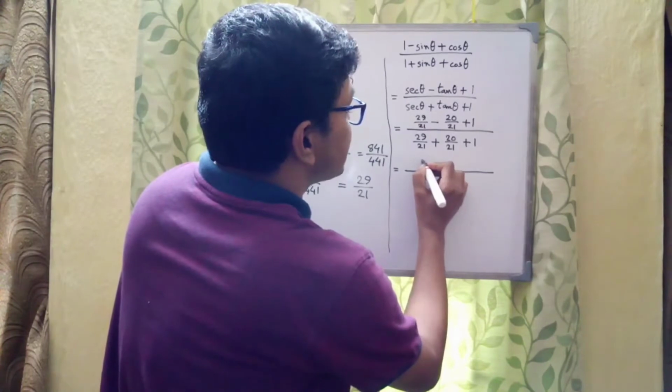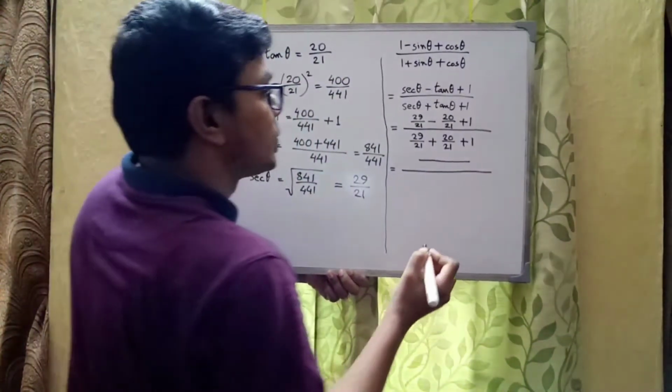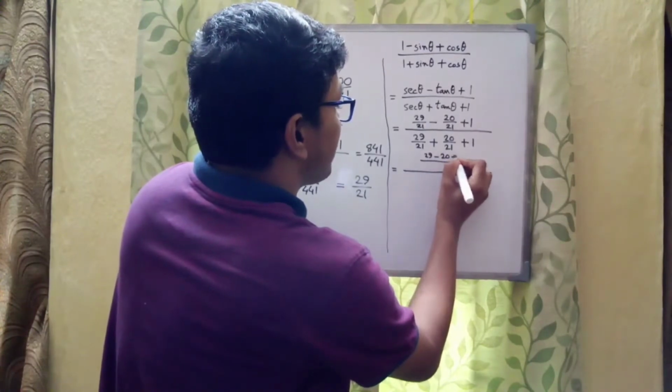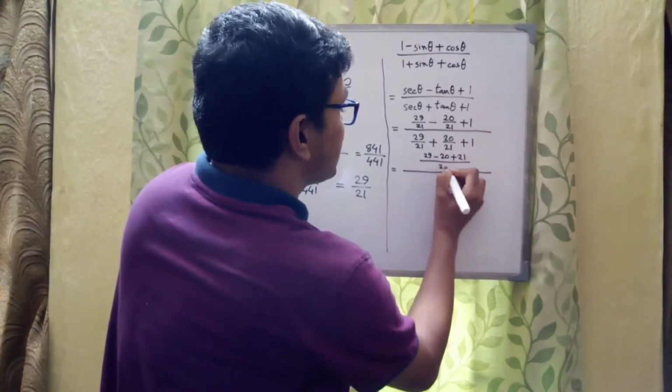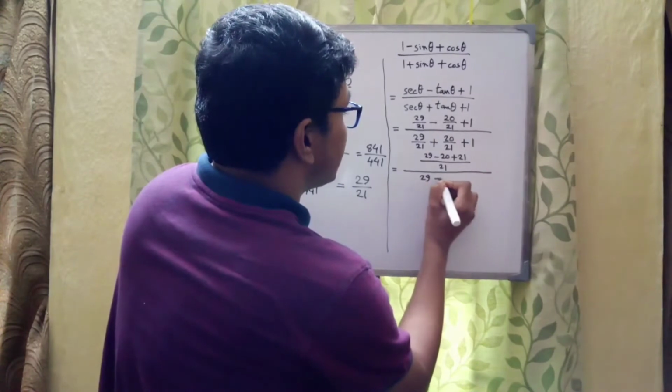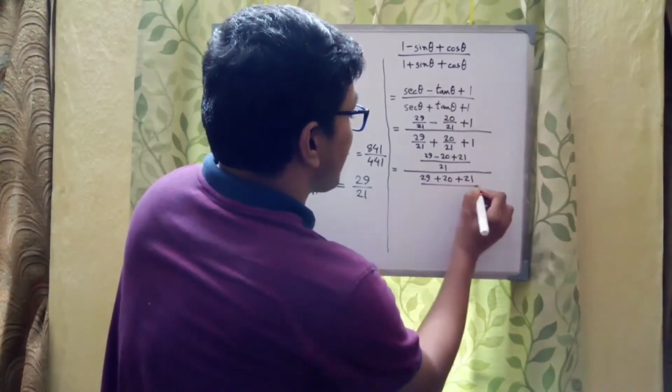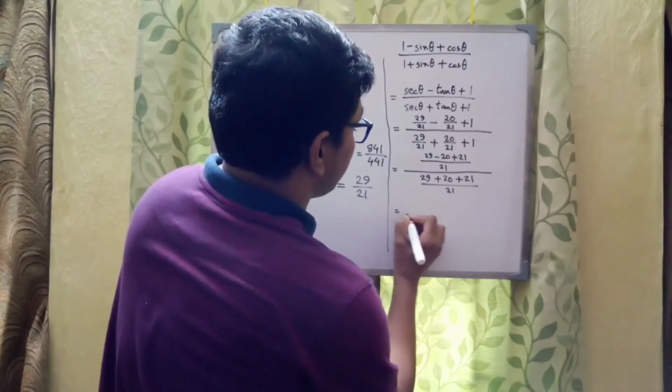Now again we have to do fractional manipulations. This would be (29 minus 20 plus 21) by 21, over (29 plus 20 plus 21) by 21.